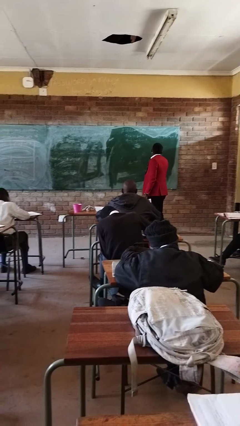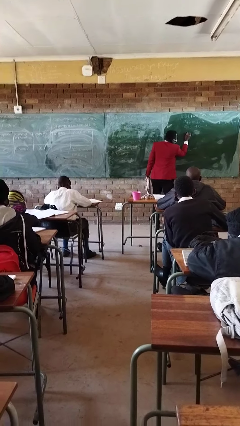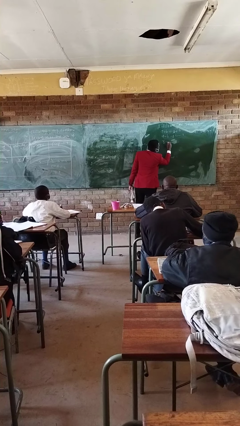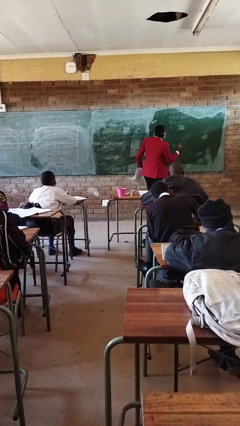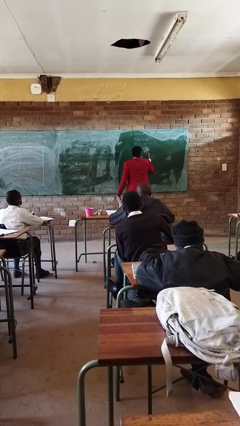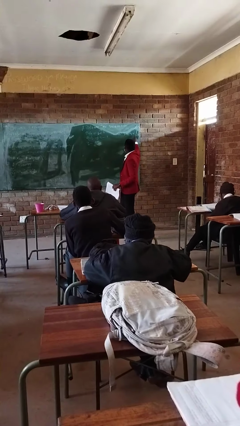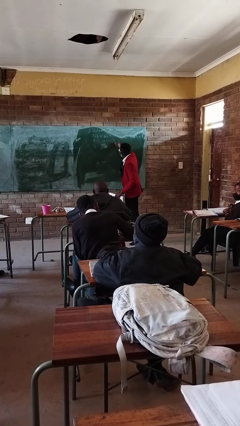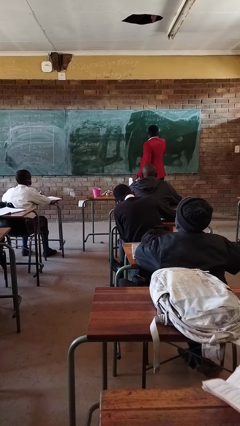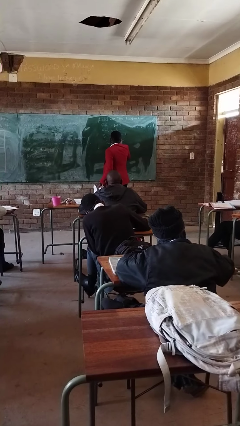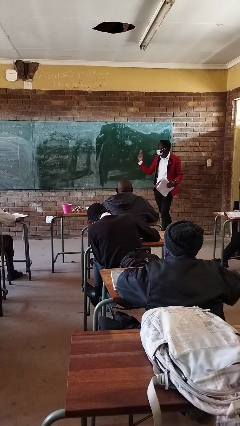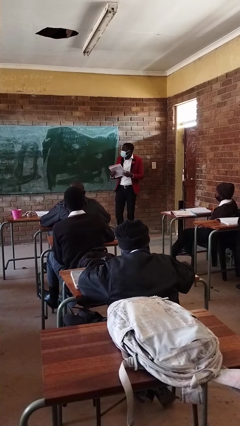Let's see, the value of A minus B is 3 minus 1, which equals 2. Let's see if they are equal. The value of B minus A will be 1 minus 3, which is minus 2. So 2 does not equal minus 2, which means they are not the same. You understand? That is subtraction.